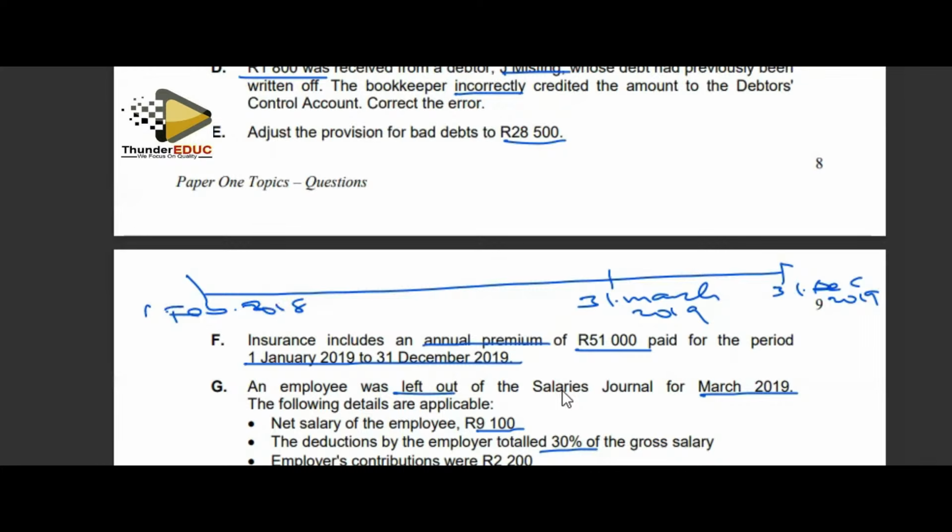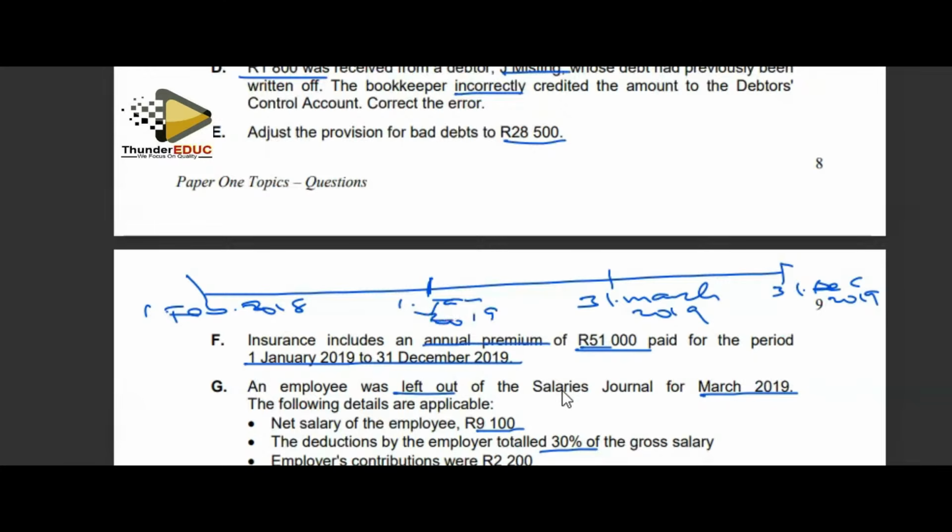So we need to know out of this amount, which one applies to this financial year. This 51,000 was paid for the period from 1st of Jan until 31st December. So let's say this amount starts here, 1st of Jan 2019.